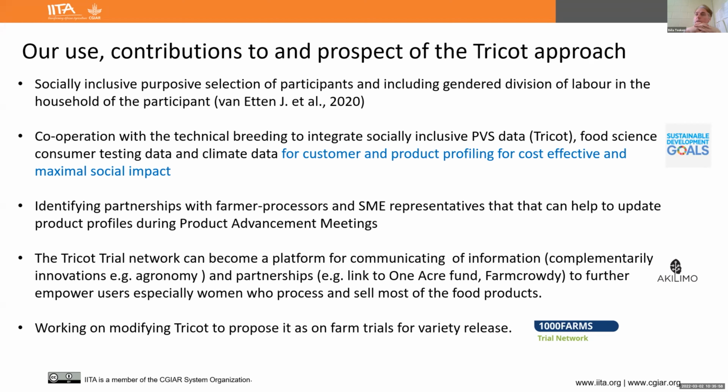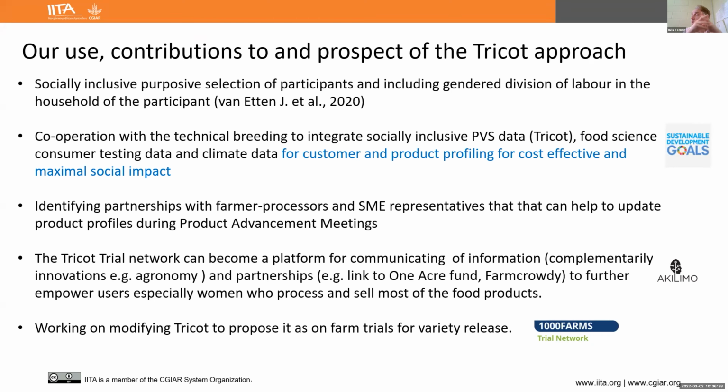TriCOT is not something that we just do from IITA and the NAS just put the trials out there, but it should really become a platform to close the gap between the scientific community and the users, to have communication of information and identification of complementary innovations that can impact breeding more, like what agronomic practices are, for example, very good. And it also emerged already that when we installed the trials with people, they saw specific practices that would benefit them. So why not use that network for that?